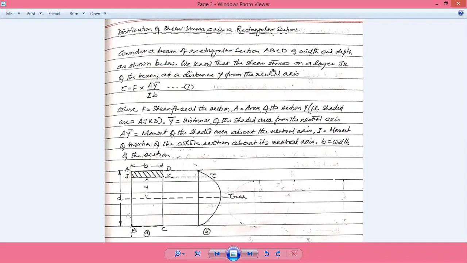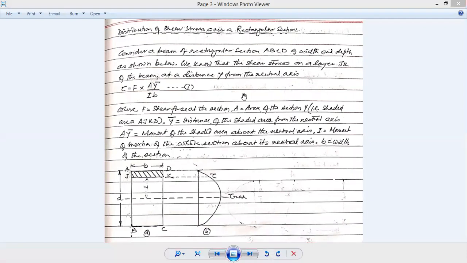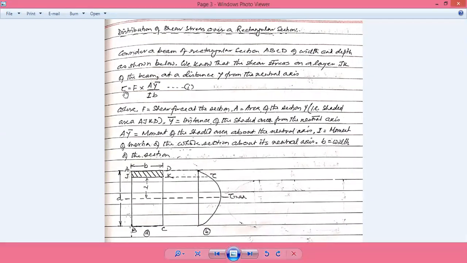We know the shear stress, as we have just proved, at any section at a distance y is given by tau equals F multiplied by A y bar divided by I into B, where y bar is the distance of CG from the neutral axis of the area.